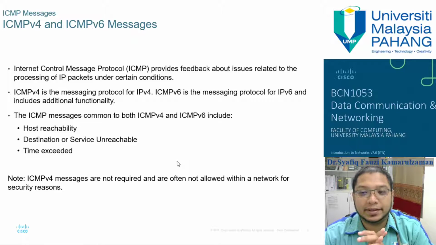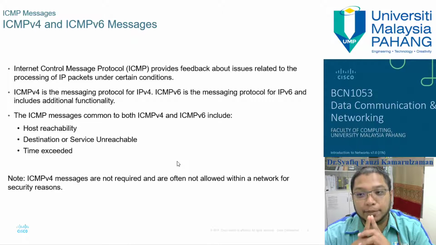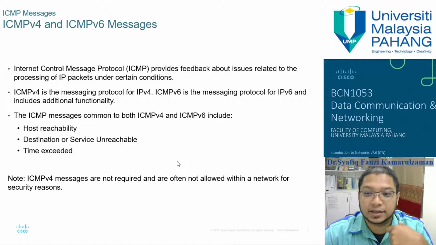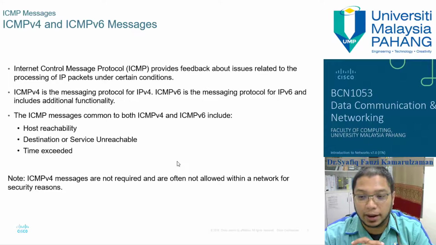ICMP stands for Internet Control Message Protocol, which provides feedback about issues related to the processing of IP packets under certain conditions. So ICMPv4 is the messaging protocol for IPv4. ICMPv6 is the messaging protocol for IPv6 and includes a little bit of additional functionality as well.